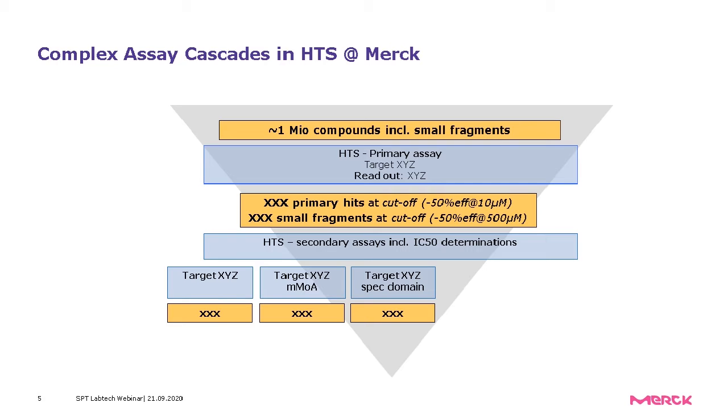Then it can happen that in our secondary screening we include, when we run enzymatic assays, a certain domain of the target that we screen, to figure out very early on if we have allosteric binders or where the binding site of a certain compound is located.